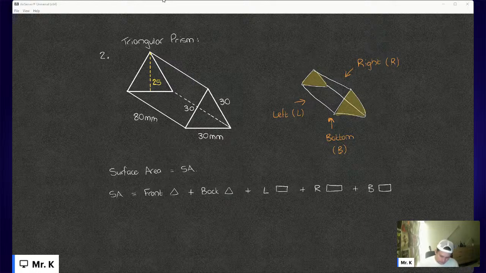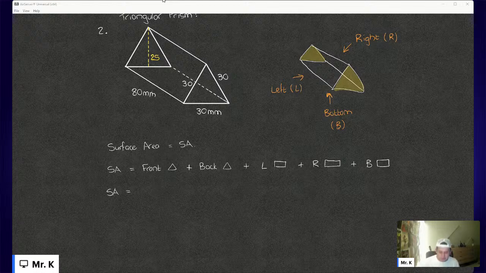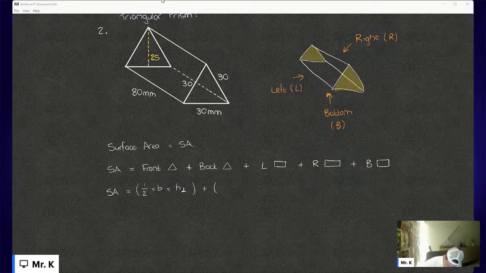Okay? We want to calculate the surface area. So how are we going to do it? You need to make sure you state the formulas that you are using when calculating the area of each of these shapes. So we know that the area of a triangle is going to be half times base times perpendicular height. Okay, that is our first triangle. Plus, again, we have half times base times perpendicular height for our second triangle.